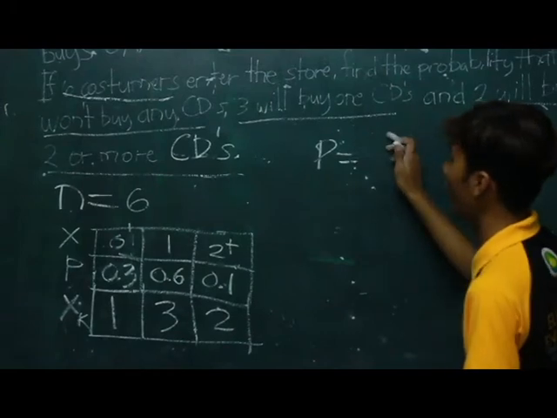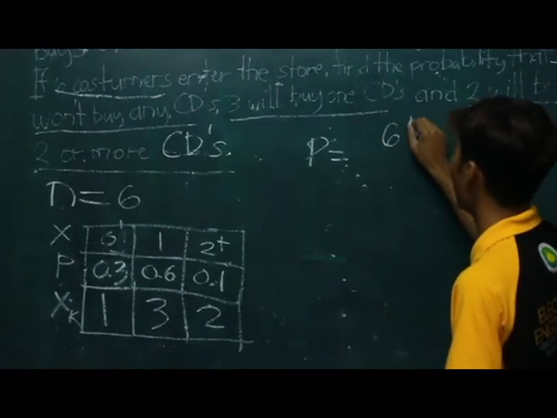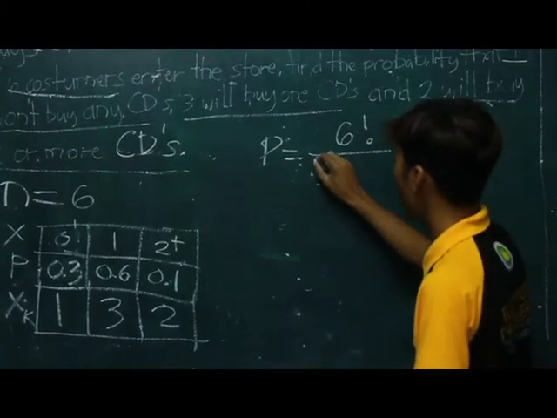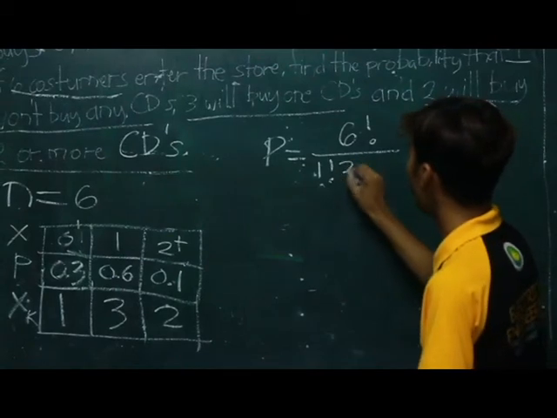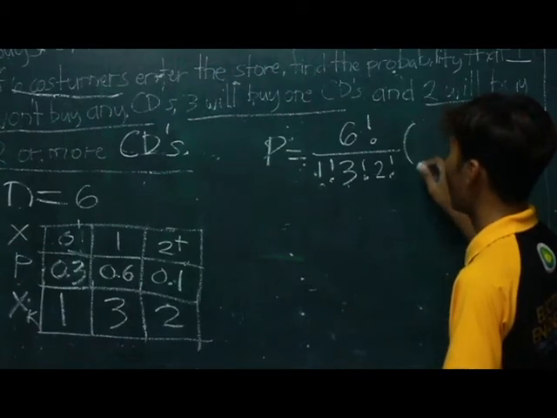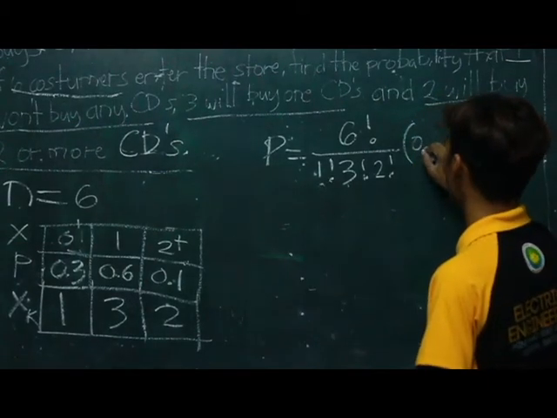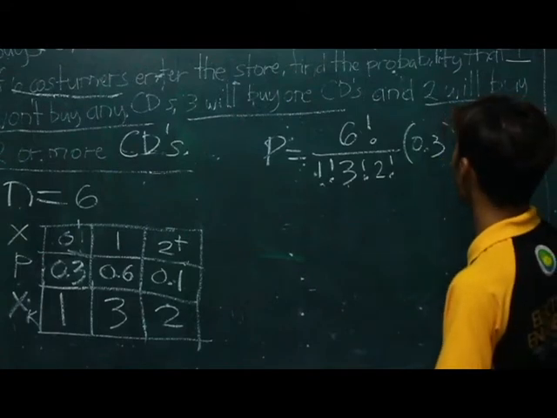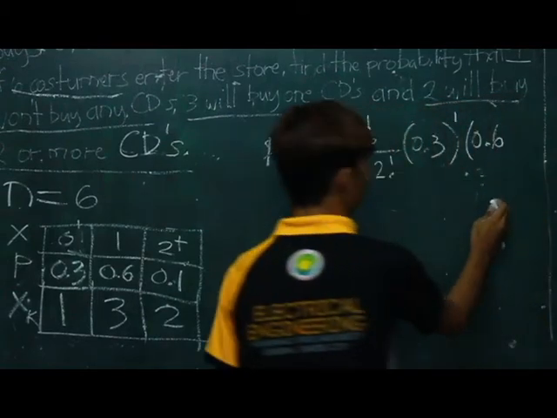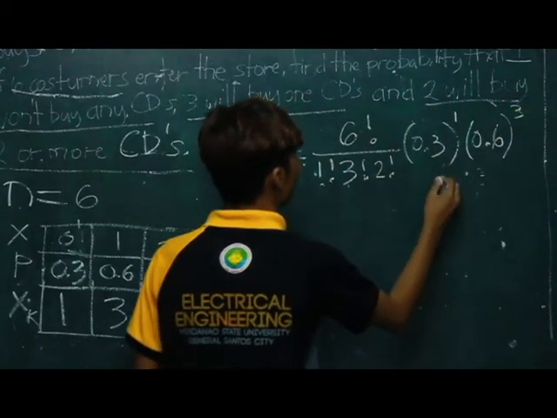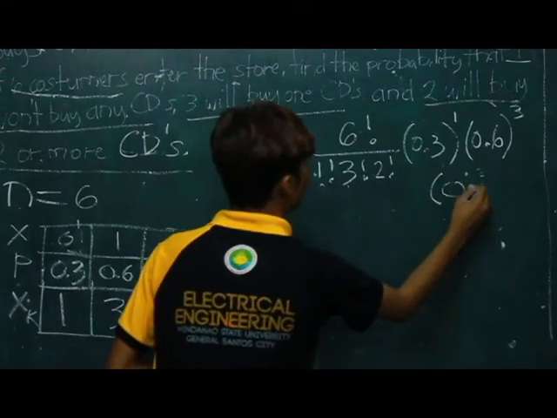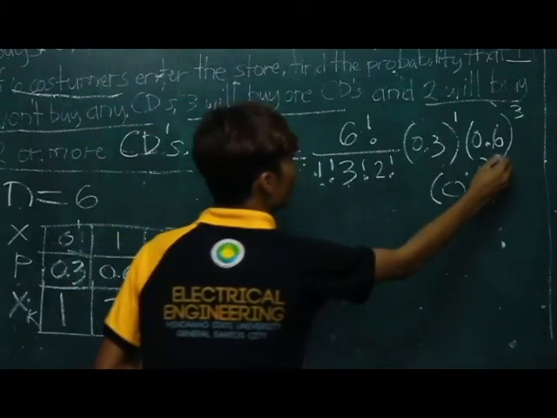Take the formula, n factorial, so 6 factorial, divided by the x's: 1 factorial, 3 factorial, and of course 2 factorial, times the probabilities: 0.3 raised to 1, 0.6 raised to 3, and 0.1 raised to 2.